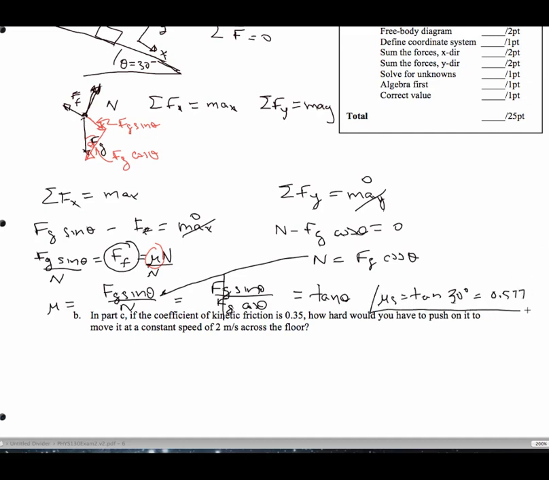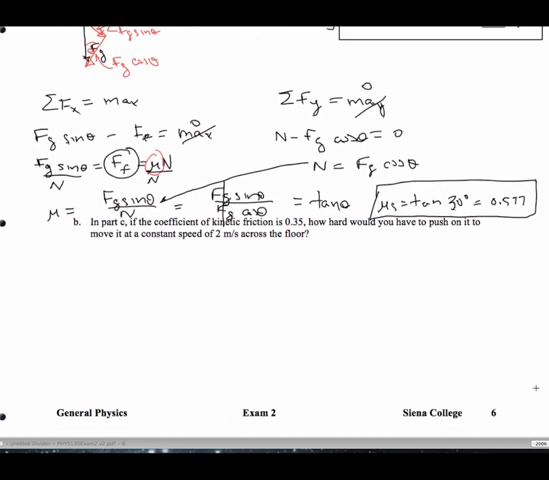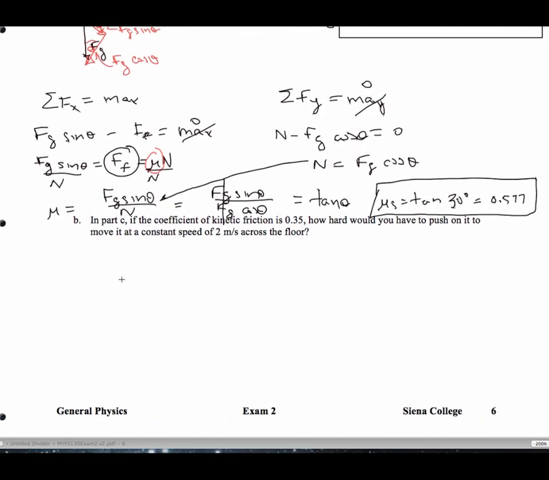Okay, done with that. Now this is a little bit confusing. In part C, this is supposed to be a box on a horizontal floor. We're given the coefficient of static friction here is 0.35. How hard would you have to push it to make it move at a constant speed? So here's our clue. Constant speed, doesn't matter what the speed is, but a constant speed means that our net force is 0.